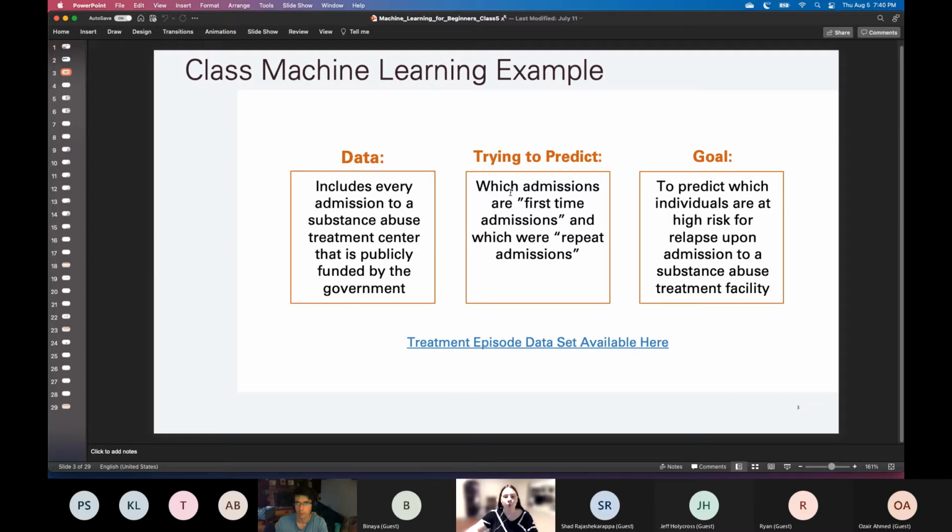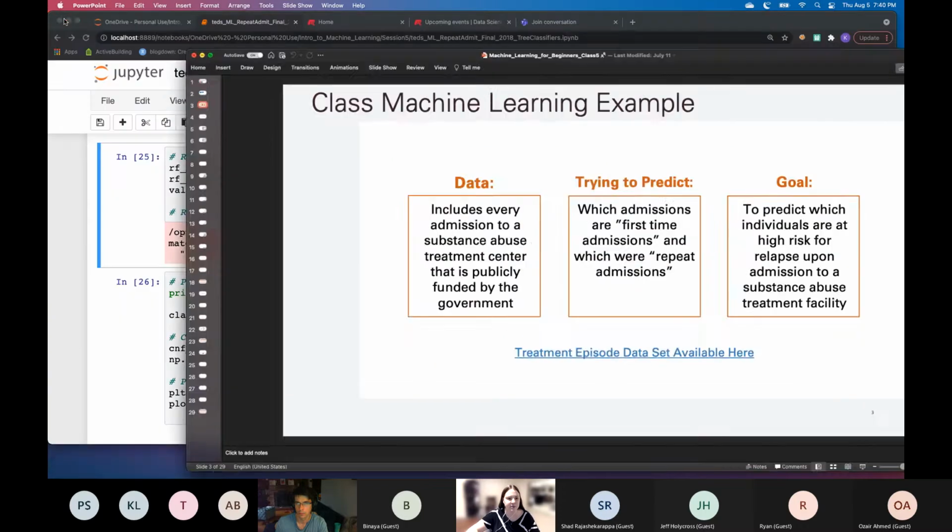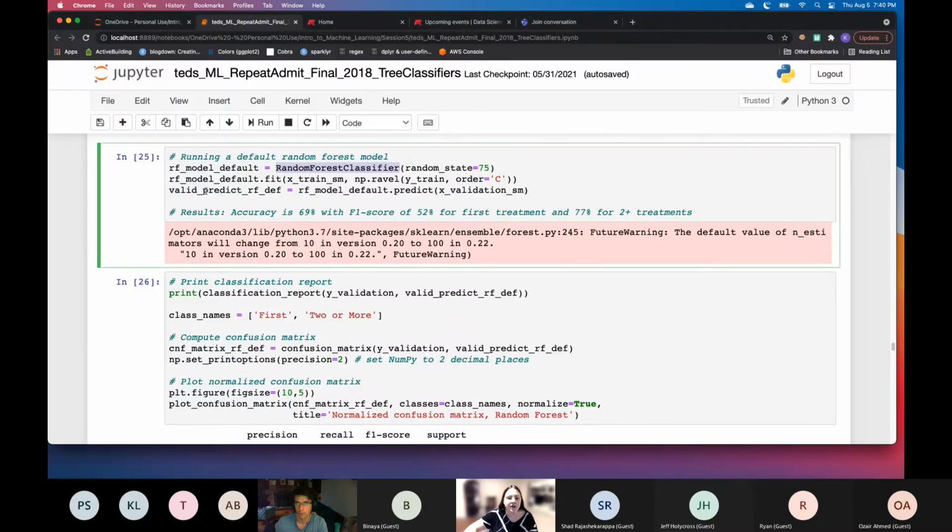We're trying to predict which admissions were first-time admissions and which were repeat admissions, with the goal of predicting which individuals would be at high risk for relapse versus low risk for relapse coming into the substance abuse treatment center. So here, you'll see that I use random forest classifier.